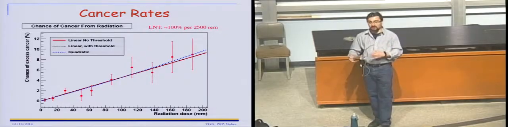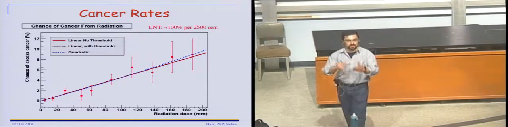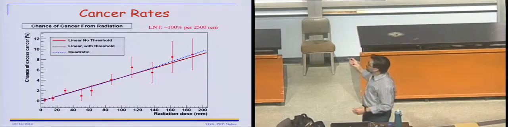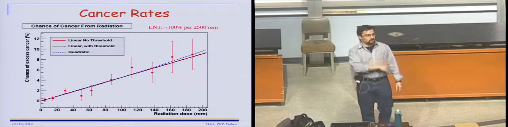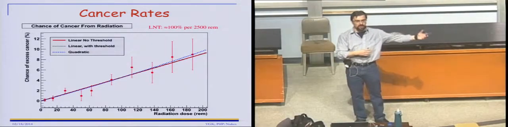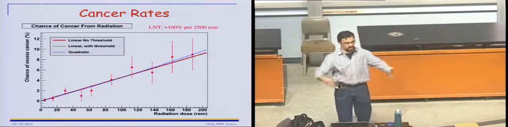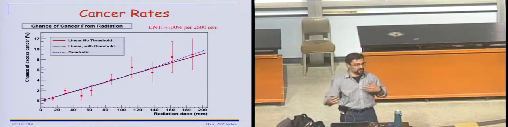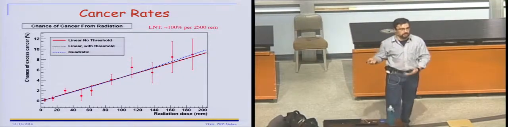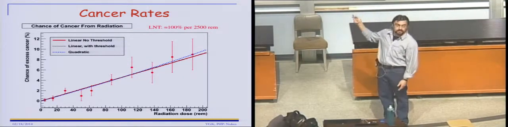One can make arguments that maybe a little bit is good for you, it increases mutation rates, and maybe that's fine too. Who knows? We have no data. And so various advocates of either pro-nuclear power, for example, or anti-nuclear power can make arguments based on the same data and reach different conclusions, depending on what you assume happens here.